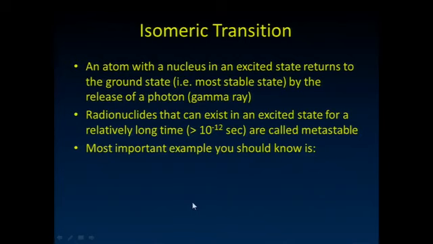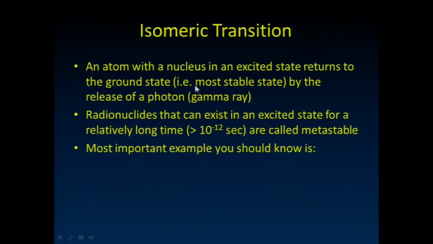Okay? So let's talk about how some of these decay schemes actually work in radioactive decay. Some atoms have nuclei that can exist in an excited state. And this is not an uncommon thing, but most nuclei that end up in an excited state as part of radioactive decay immediately go back to a ground state, and they don't exist in that metastable state for very long.